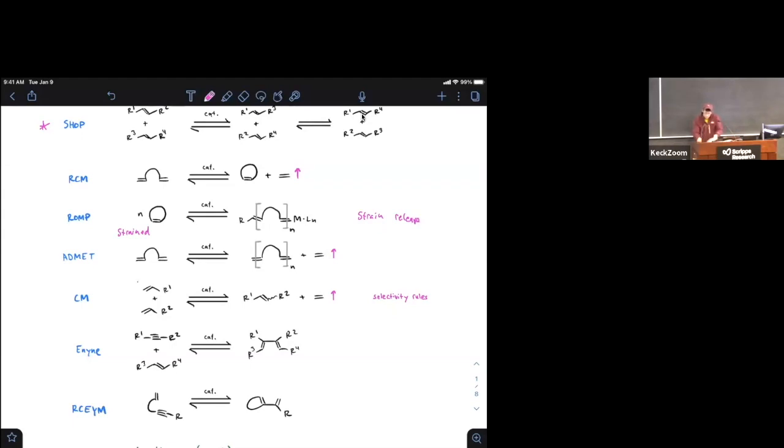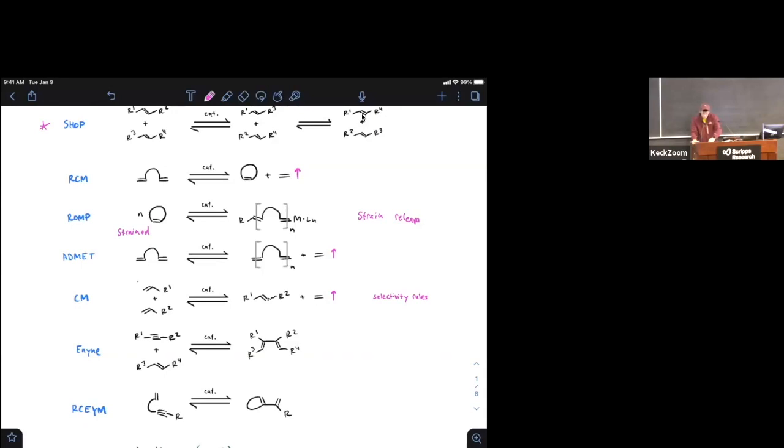There's another form of metathesis that looks somewhat like a cross between cross metathesis, sorry, no pun intended, and ROMP, and that's called ADMET, acyclic diene metathesis transfer.